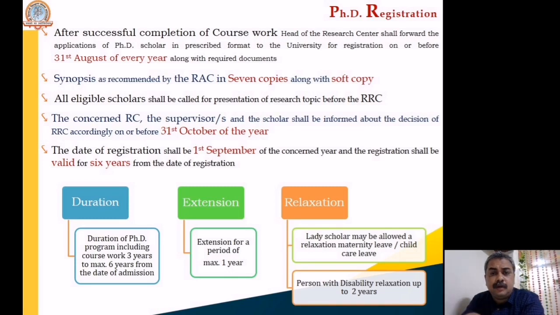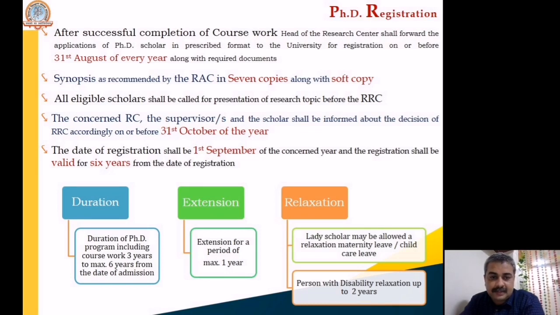After the successful completion of the coursework, the head of the research center will forward the application of the PhD scholar in a prescribed format to the university for registration on or before 31st August of every year, along with the required documents. What are the required documents? The synopsis recommended by the RAC in 7 copies along with the soft copy. All eligible scholars shall be called for the presentation of the research topic before the RRC of the university.